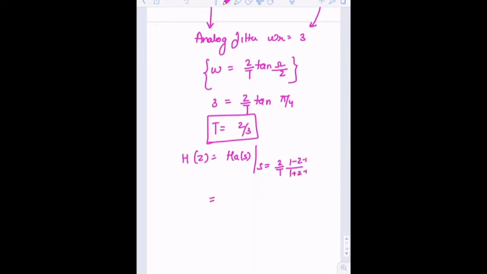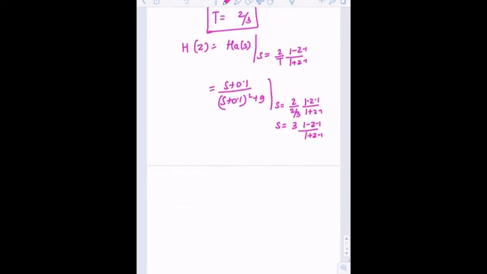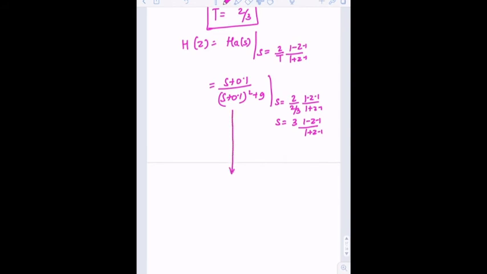So easily we can replace s by this function in the equation: (s + 0.1) / ((s + 0.1)^2 + 9). Now 2 by capital T is 3, so s equals 3(1 - z^-1)/(1 + z^-1).